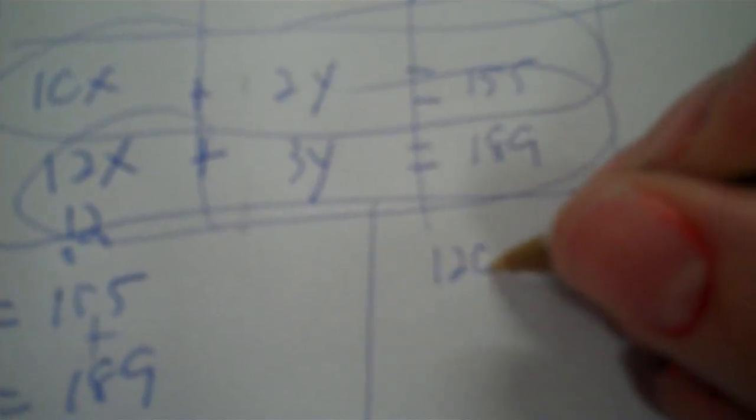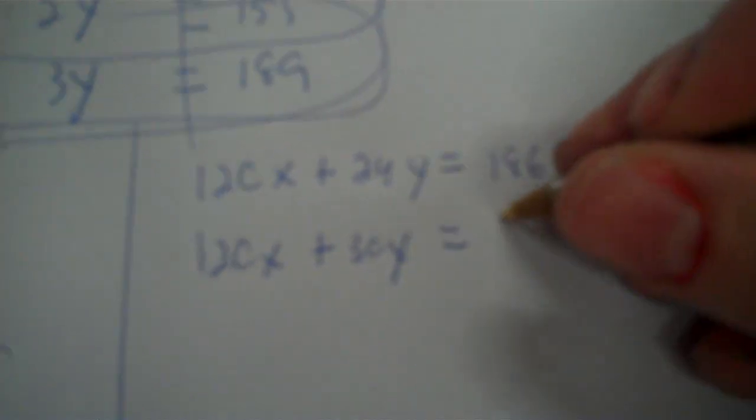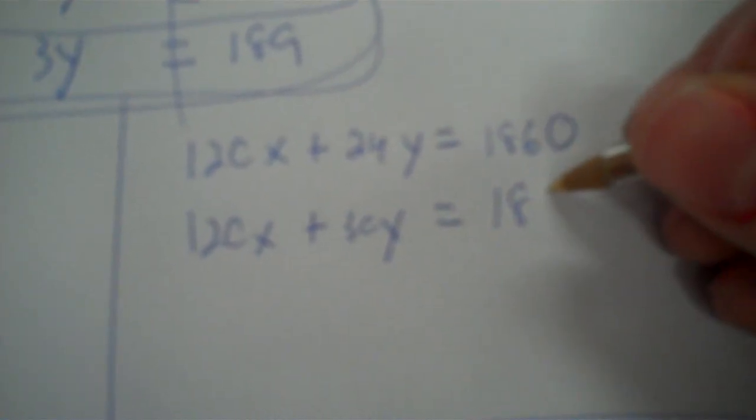So 120x plus 24y, 12 times 155, 1,860. Now on bottom you're going to get 120x plus 30y. Then 189 times 10 is going to be 1,890, okay?